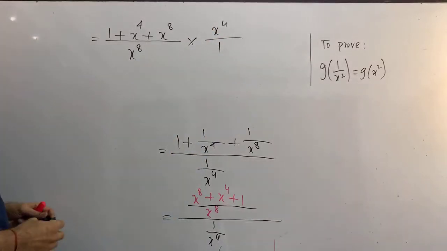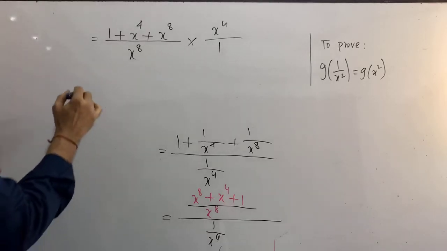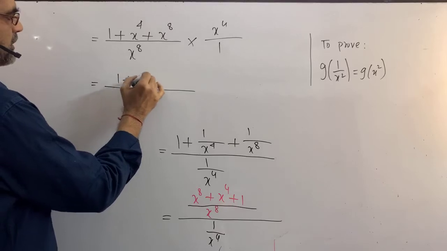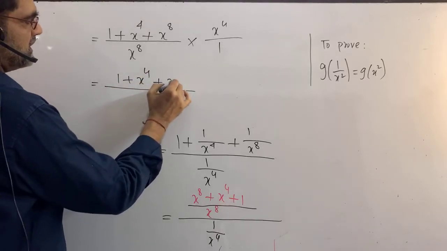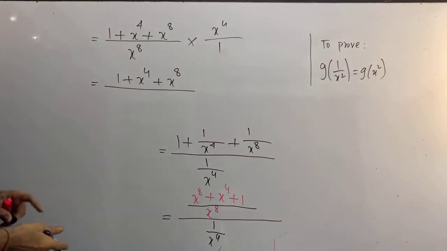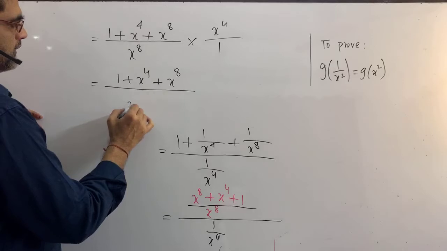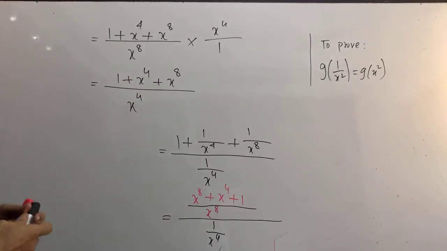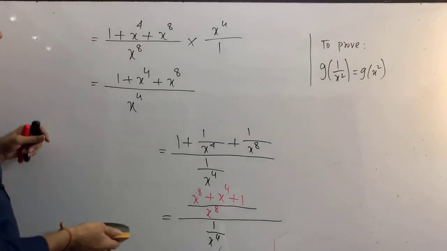Now we see that 1 plus x to the power 4 plus x to the power 8, this and this will be cancelled. So we will have x to the power 4 in the denominator, right? And nothing is left here.